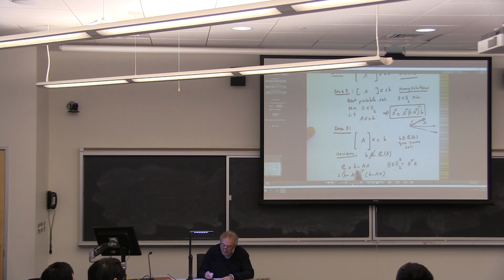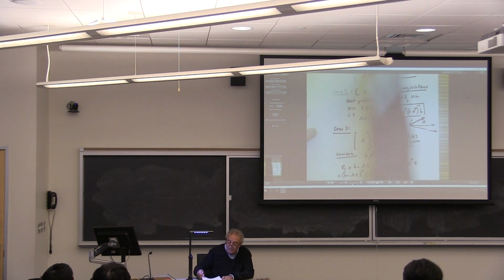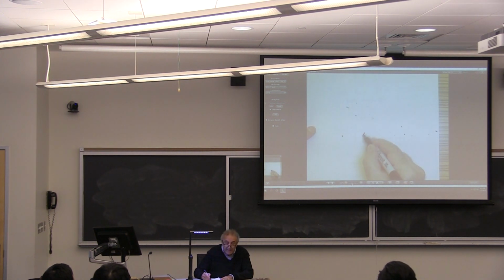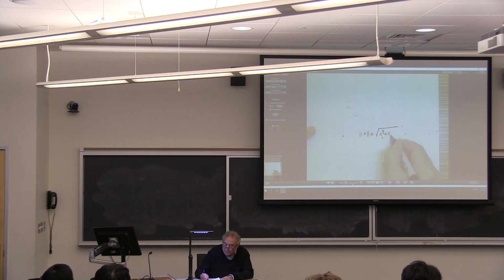When you do this B minus AX, everybody understands what E transpose E means, right? Let me write it down here. If I have a vector X and want to find its norm, the norm of vector X is the square root of x1 squared plus x2 squared plus all the other terms up to xn squared.